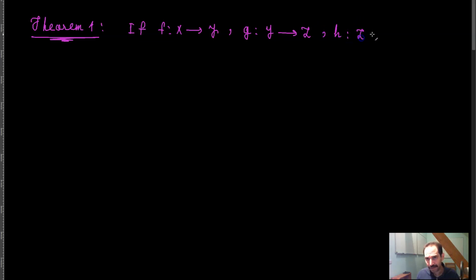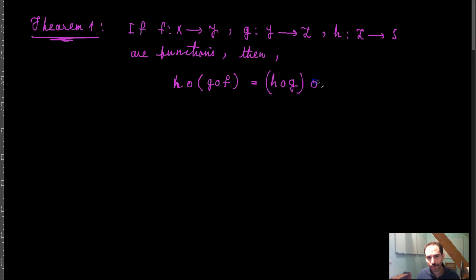In theorem number 1, we said that if f is a function from x to y, and g is a function from y to z, and h is a function from z to s, if these are functions, then we can say that h composed with g composed with f is the same thing as h composed with g whole composed with f.